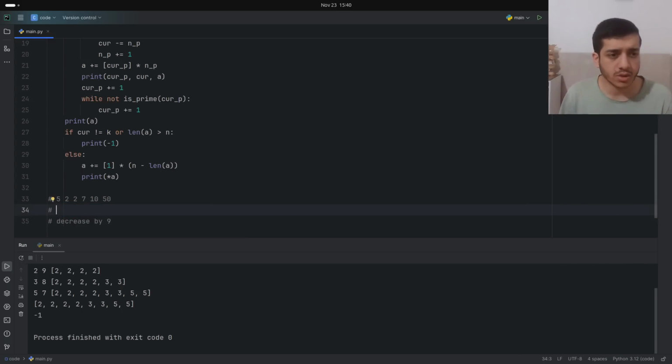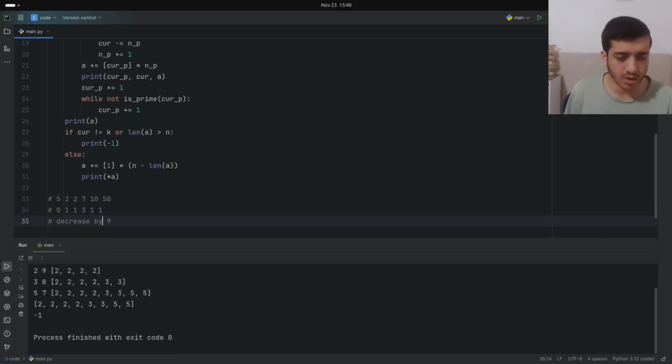Okay, let's calculate vice versa. How many numbers are coprime with this before this? 0, 1, 1, 3, then 1, and 1. What is the sum of these numbers? Oh, okay, so there must be some mistake here. I don't understand. So 15, and it was... oh, my bad.